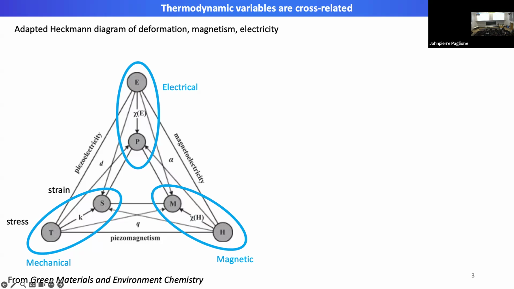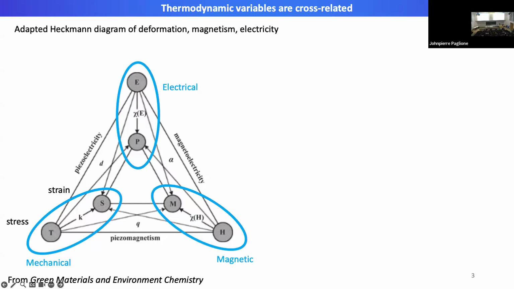Broadly speaking, the cross talk between electrical and mechanical properties of materials can be categorized as piezoelectricity, and the correlation between electrical and magnetic properties can be characterized by magnetoelectricity, while between mechanical and magnetic properties, we have piezomagnetism, which is going to be the focus of today's talk.